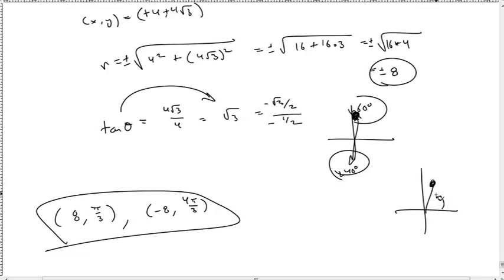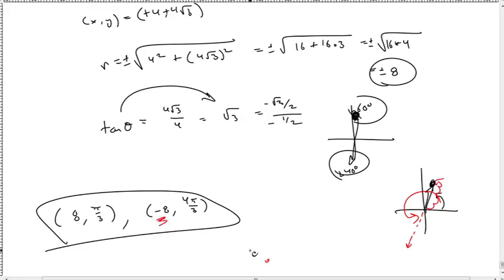And so I could go 60 degrees and positively. The alternative is that I can go basically facing this 4 pi over 3 direction, but I walk backwards to get my answer.